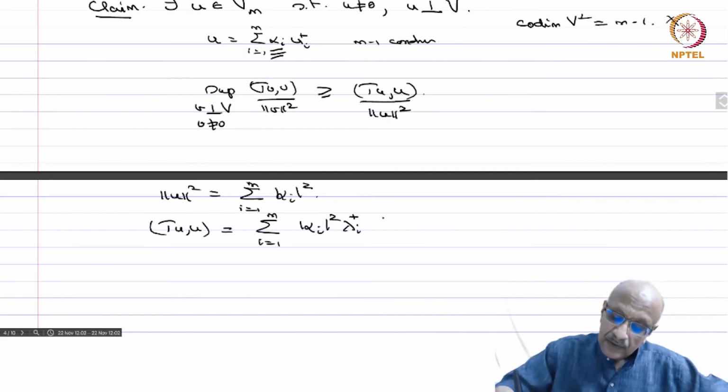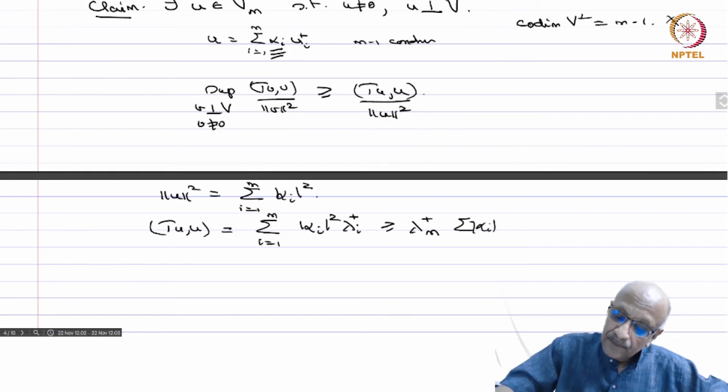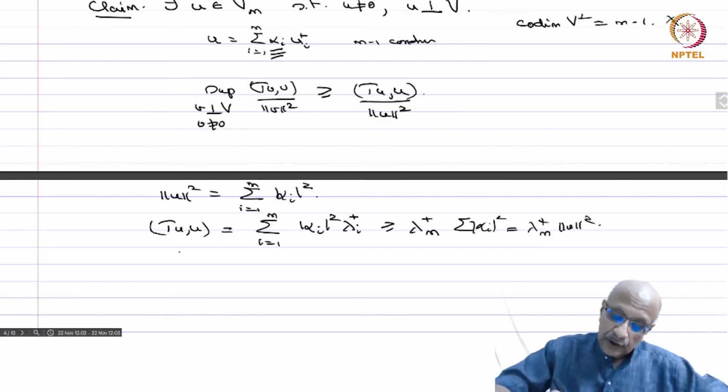Again, remember that we are numbering the eigenvalues in decreasing order, and therefore lambda 1 plus will be the biggest, lambda m plus is the last. So this is bigger than or equal to lambda m plus into sigma alpha i square, which is lambda m plus norm u square. Therefore T u u by norm u square is greater than or equal to lambda m plus.